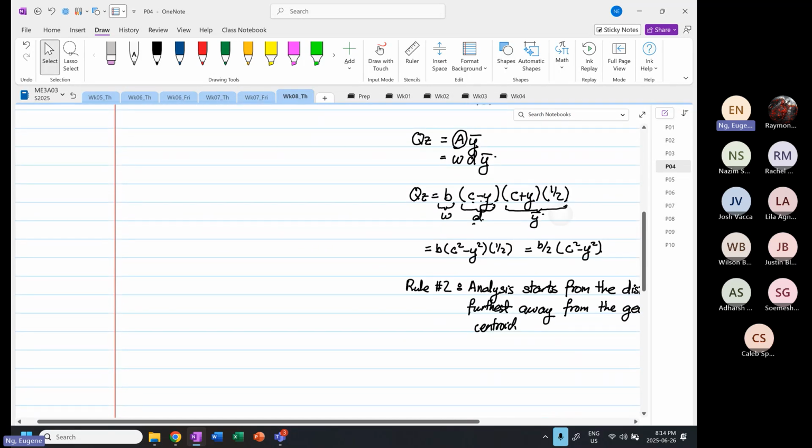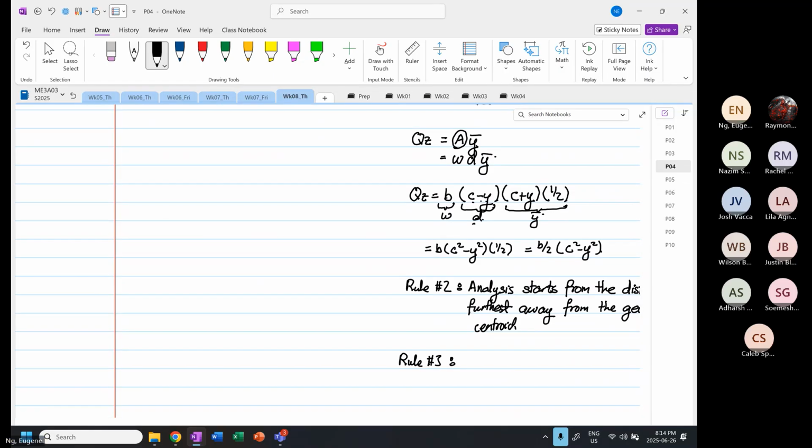Rule number 3, which we have written down before: the datum is at the centroid.